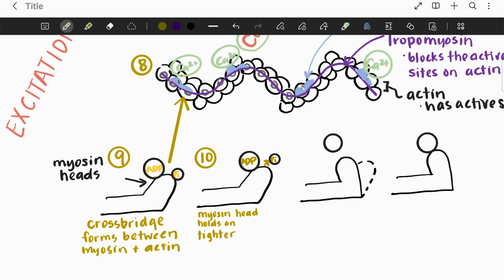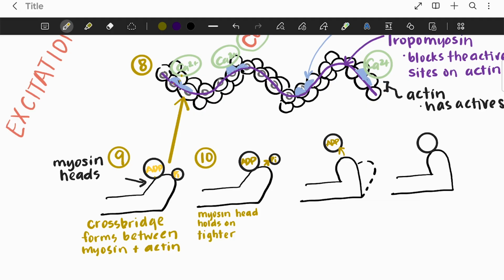So in the next step, what you'll notice is over here, now the ADP leaves. So the ADP leaves, and when the ADP leaves, what you notice is the head goes from being in its original position to what's called the power stroke, like it flexes a little bit, and that pulls on the actin molecules and essentially shortens those sarcomeres.